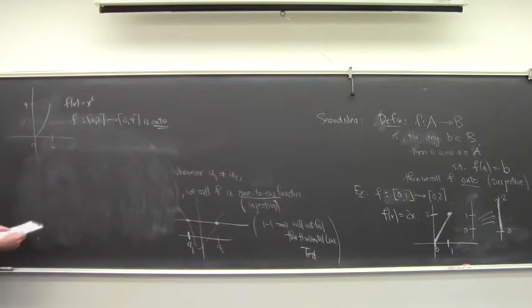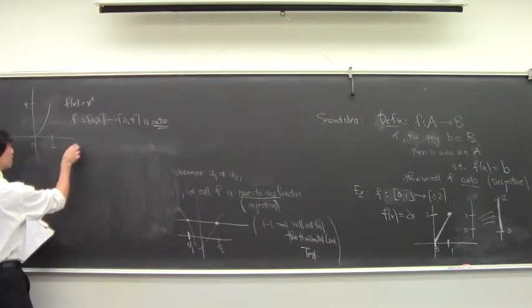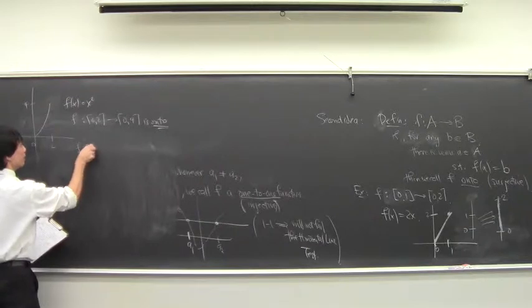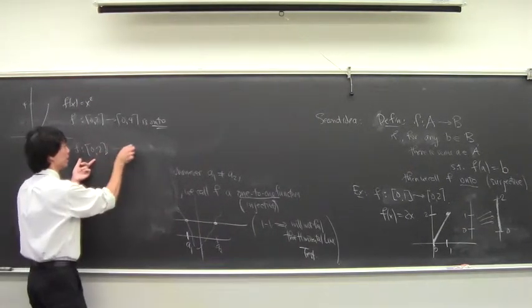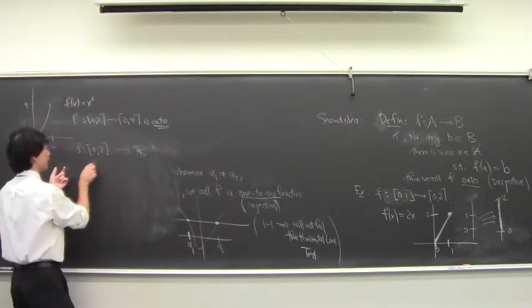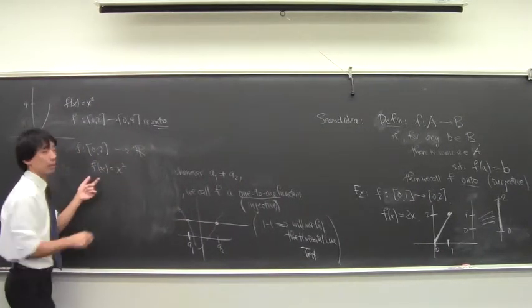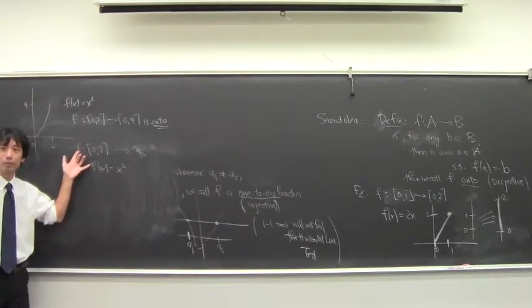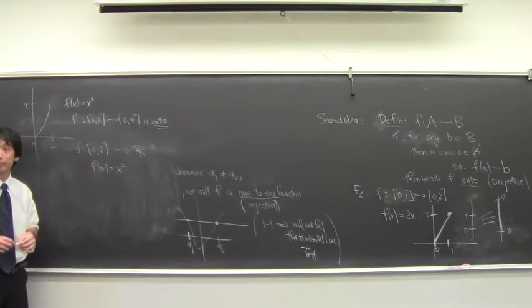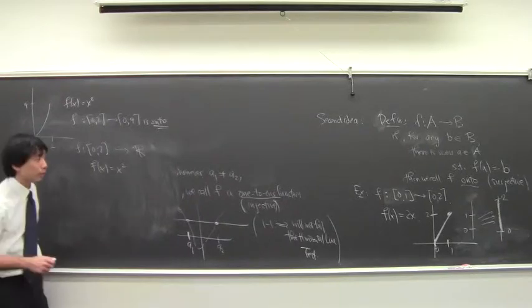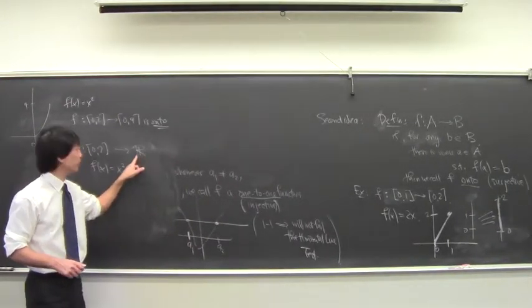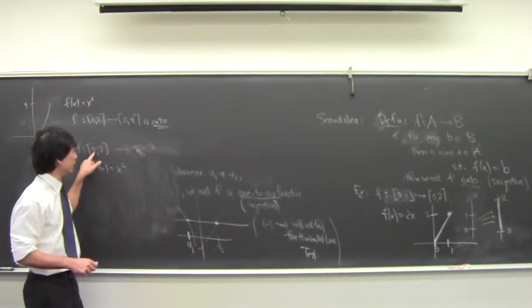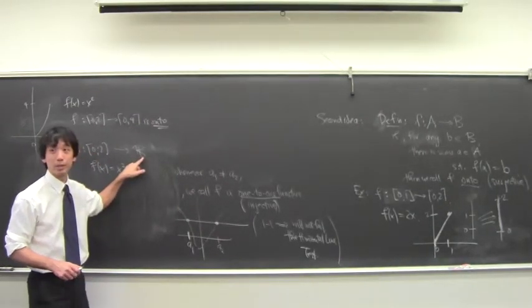Okay. But here's the sort of funny thing. If I say this into R, f of x equals x squared, is this onto? Can you just define what onto means here? Sure. Onto means that if you take any point in the range, then you can find somebody in the domain that the function maps onto that point.